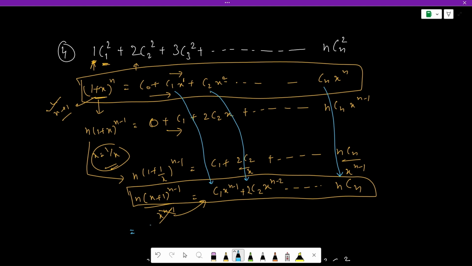Now after multiplying that, we will get n into (1 plus x) raised to the power 2n minus 1 equal to the required term and x raised to the power n minus 1. Thus we require the coefficient of x raised to the power n minus 1 in n into (1 plus x) raised to the power 2n minus 1, and that will be equal to n into 2n minus 1 c n minus 1. So this is the final answer.